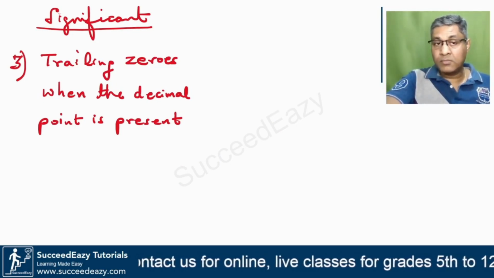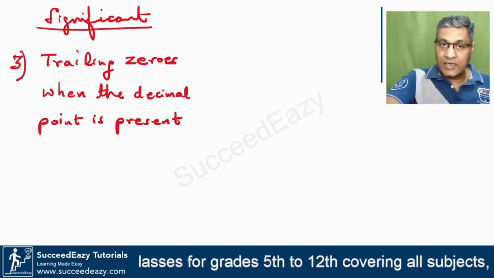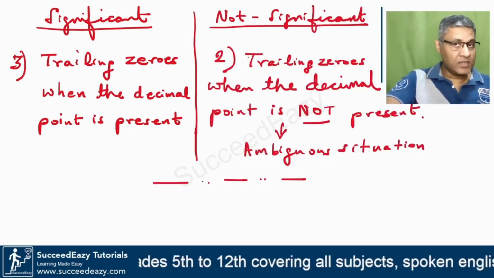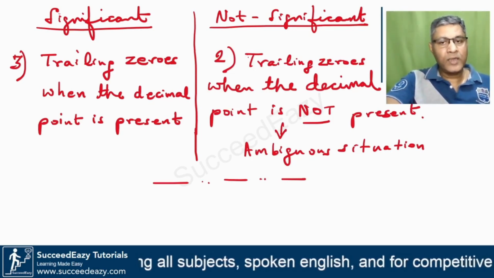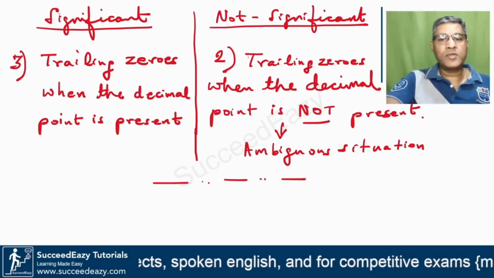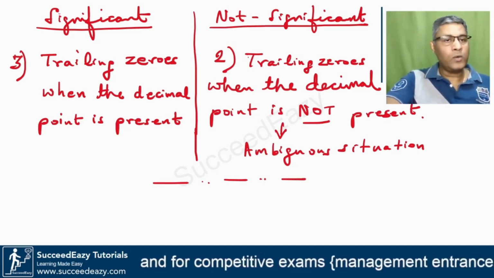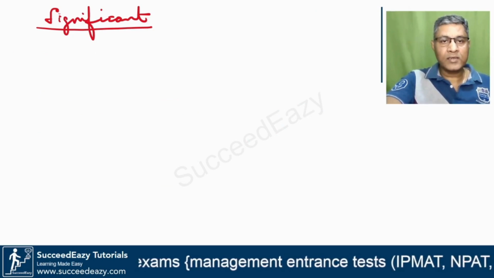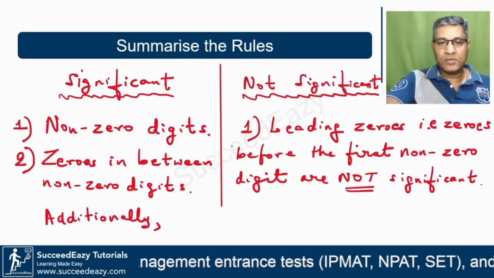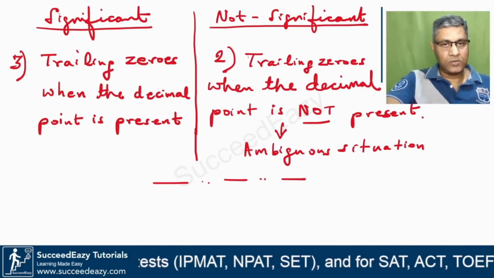Remember, only when the decimal point is present are the trailing zeros significant. And trailing zeros when the decimal point is not present are not significant, which actually presents an ambiguous situation, as we have just seen. If you want, you can take a snapshot of this. I'll just go back. This is the rule, slide 1, and this is the rule, slide 2.